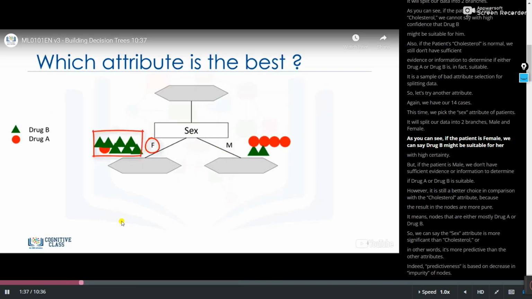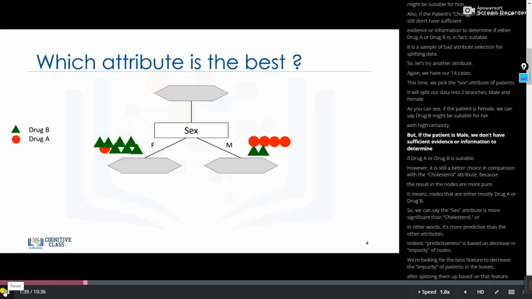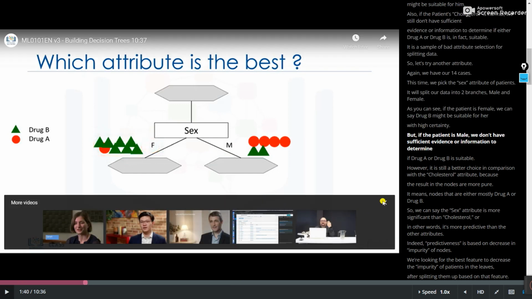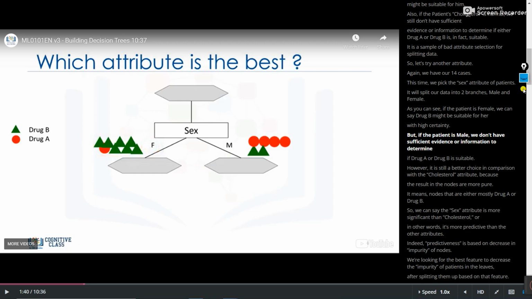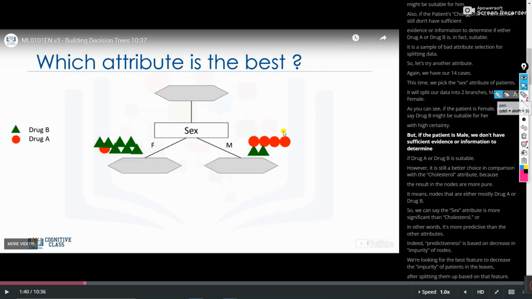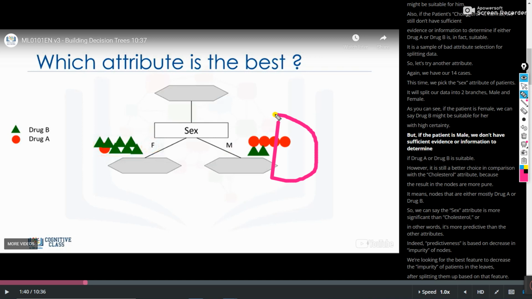So on the left hand side they are going to split the classes, meaning the section. So on the basis of this feature they have divided the training data set in the decision tree. So what they see is that this data set does not all tend towards drug A, neither does it all tend towards drug B. Similarly, on the right hand side, it's not completely concluding the node part.